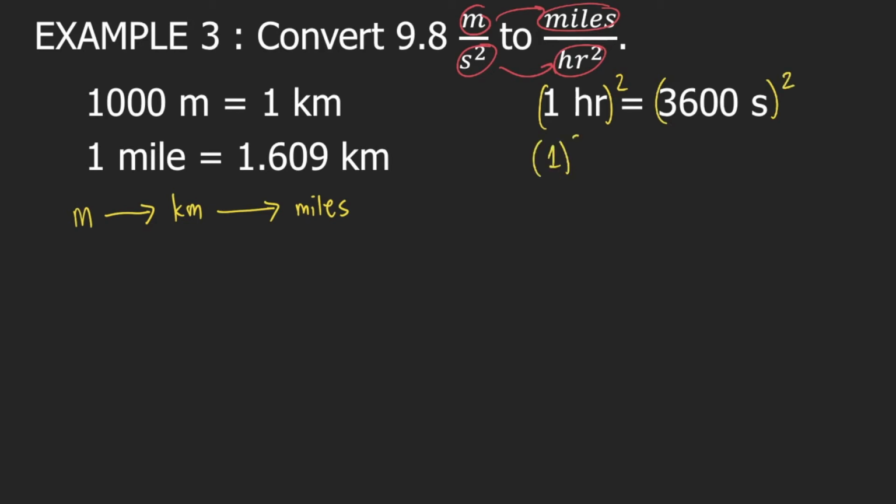So this becomes 1 hour squared equal to 3,600 squared second squared. 3,600 squared is 12,960,000 second squared.